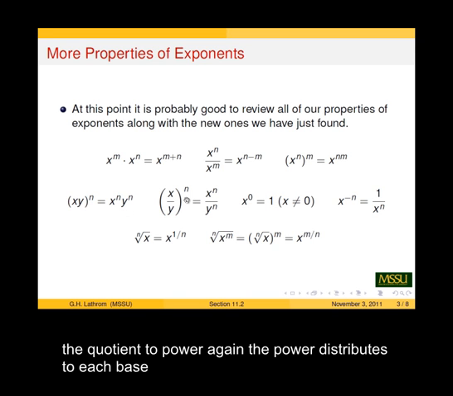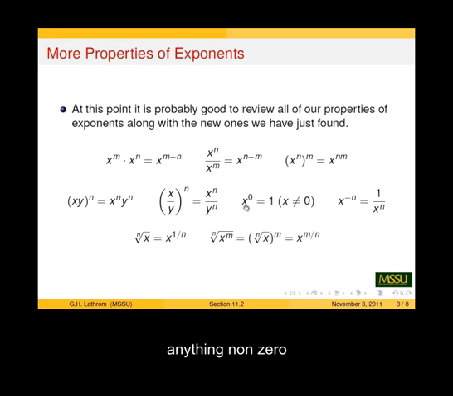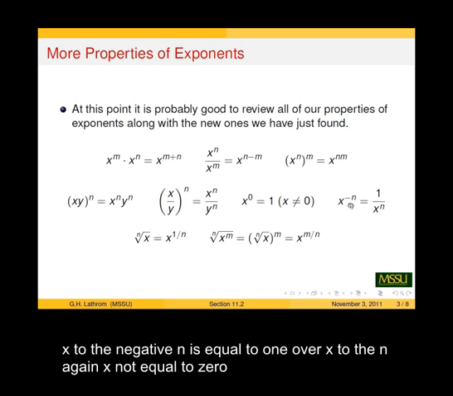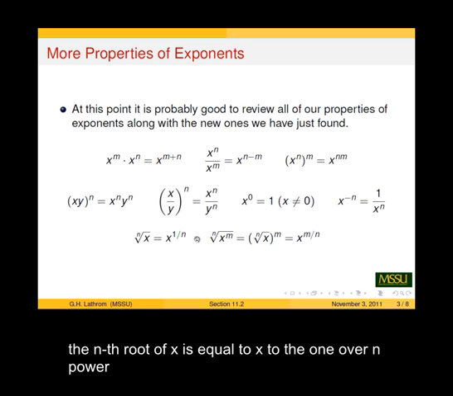The quotient to a power, again the power distributes to each base. Anything non-zero to the 0 power gives us 1. x to the negative n is equal to 1 over x to the n power, again x not equal to 0. And the nth root of x is equal to x to the 1 over n power.